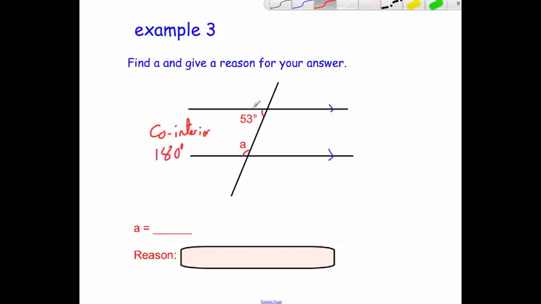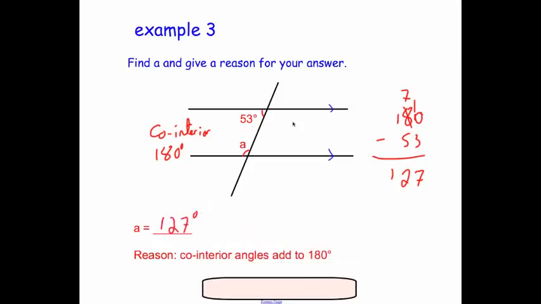So if we know one's 53, to get the other one, we take the 53 away from the 180. 180 subtract 53: we borrow 10, 10 take away 3 is 7, 7 take away 5 is 2, and 1 take away 0 is 1, so that's 127 degrees. The reason is they are co-interior angles, they add up to 180.